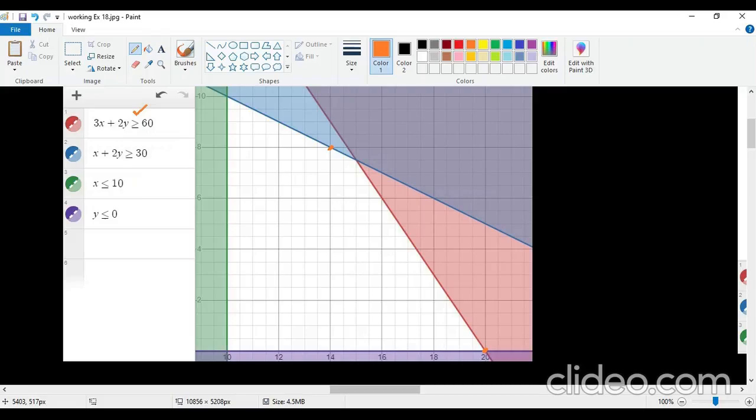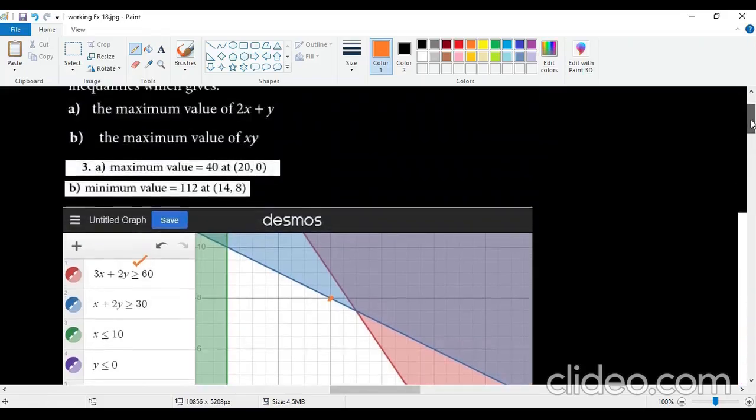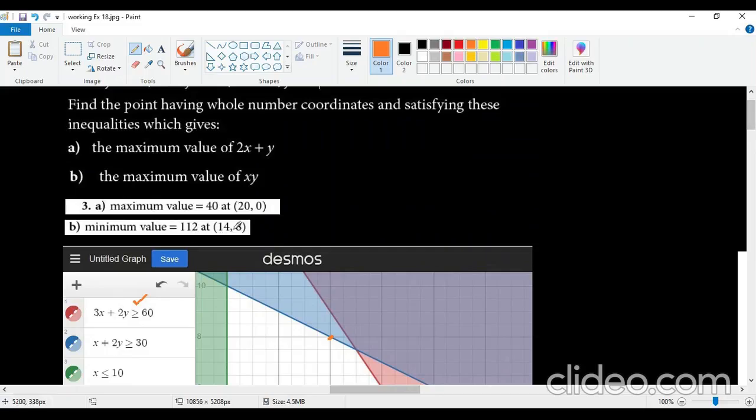Now substituting these values, 20, 0 in the maximum, that means 2 times 20 plus 0, which is going to be 40 as a maximum. When it comes to the minimum value, x value is 14. That means 14 times 8 is going to give us 112. So this is going to be your required answer.